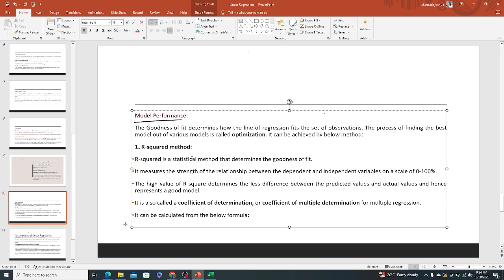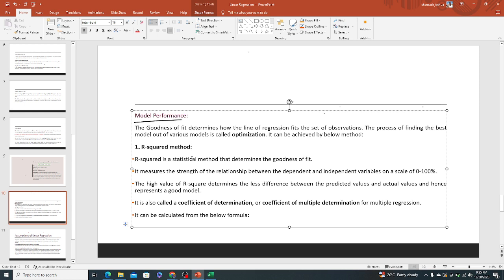If the R squared value is big, in fact if it is greater than 90%, it is a fairly good model. If we get a value of 95%, then we really have a strong model.